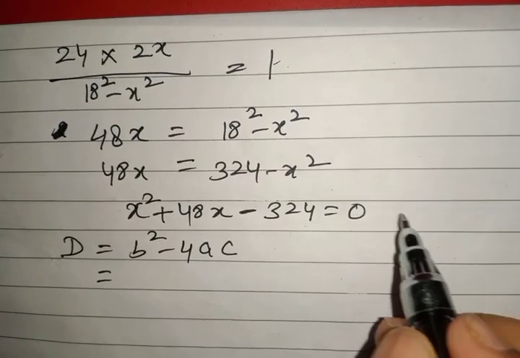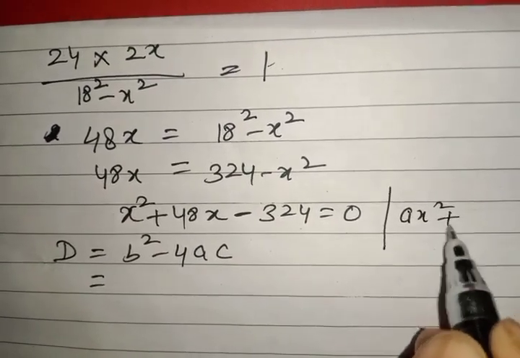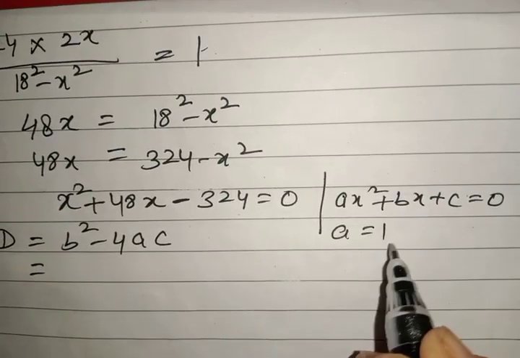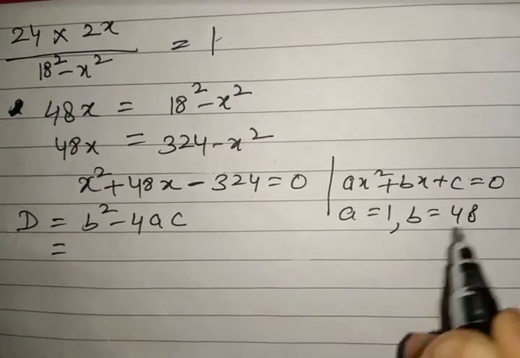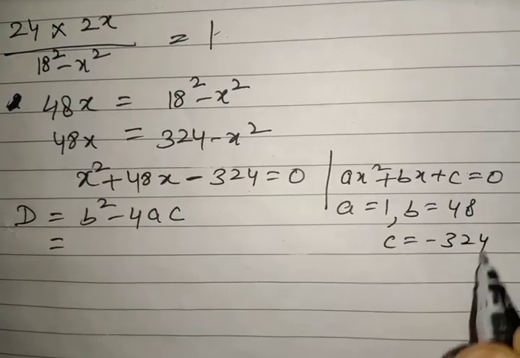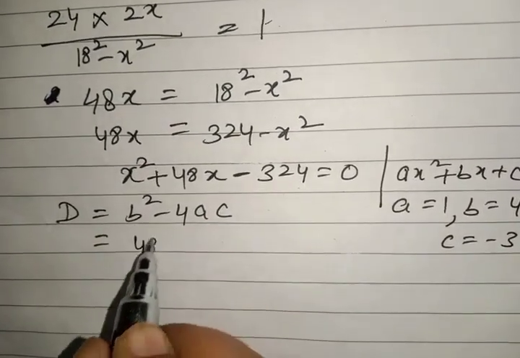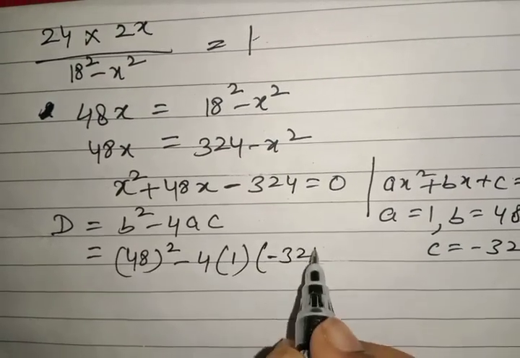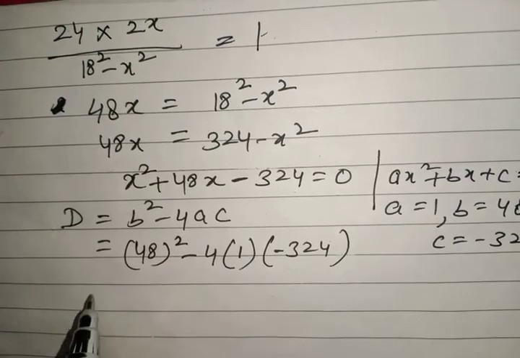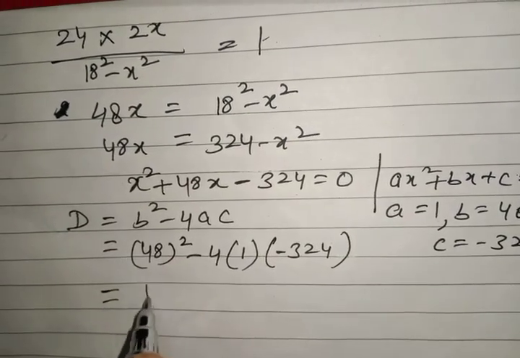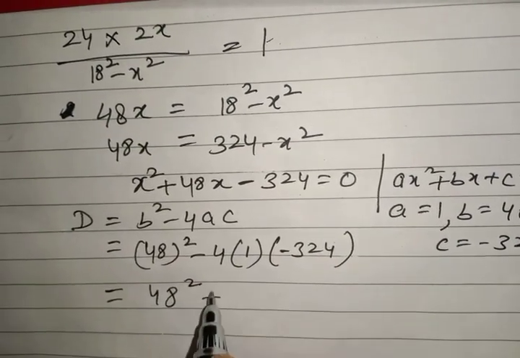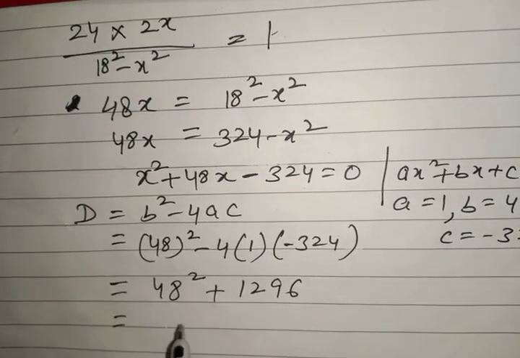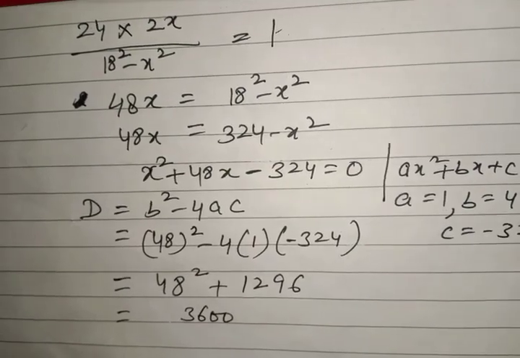Here ax square plus bx plus c is equal to 0 is the standard form. A here is 1, b here is 48, and c here is minus 324. So b square is 48 square minus 4, a here is 1, c here is minus 324, which is equal to 48 square plus 1296, and when you solve it, you will get 3600.